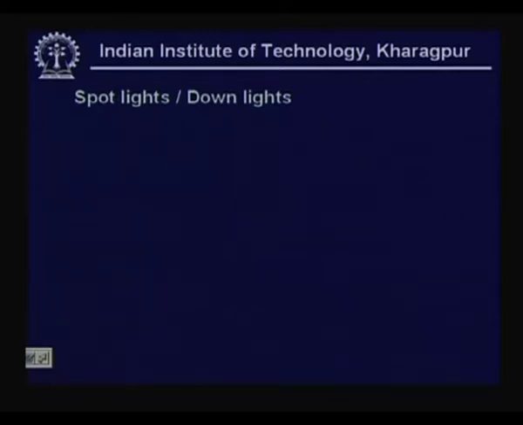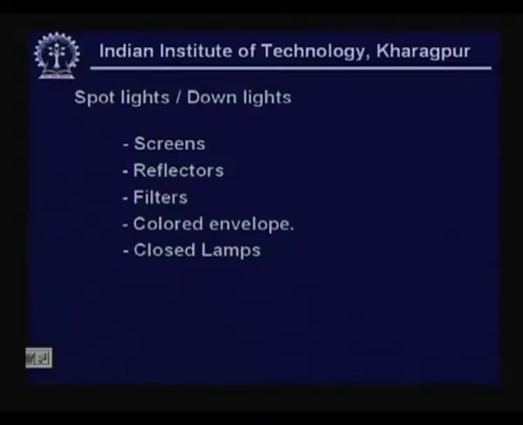Spotlights or downlights are used essentially for studios and performances, and they use them along with screens and reflectors. In theatrics one needs to create different colors, so one can use filters, colored envelopes and colored lamps.